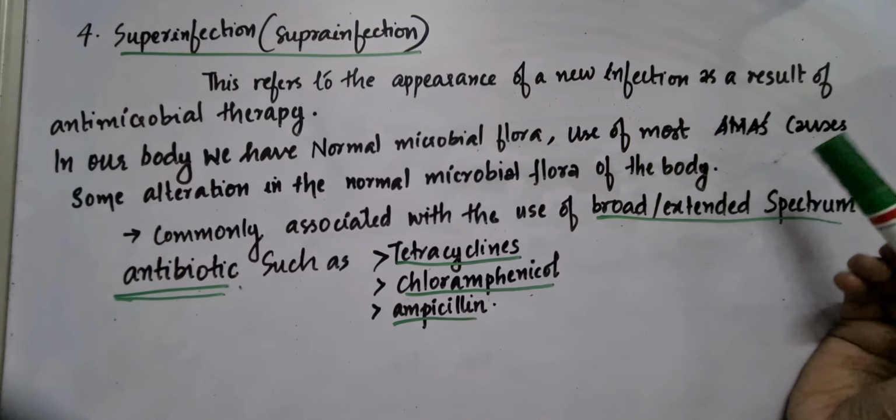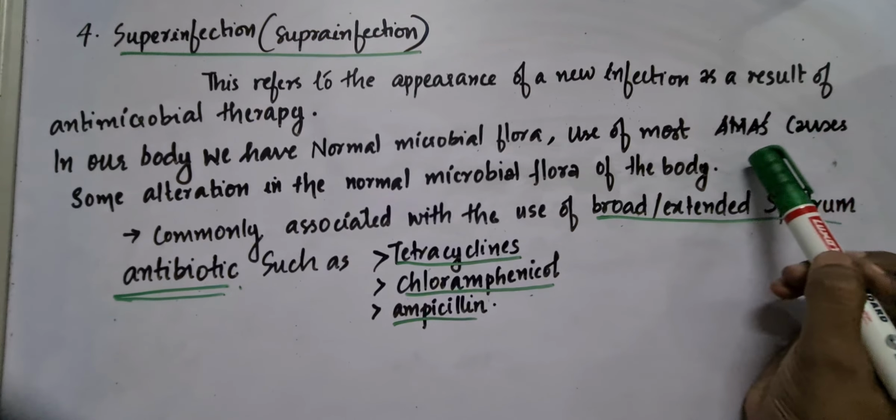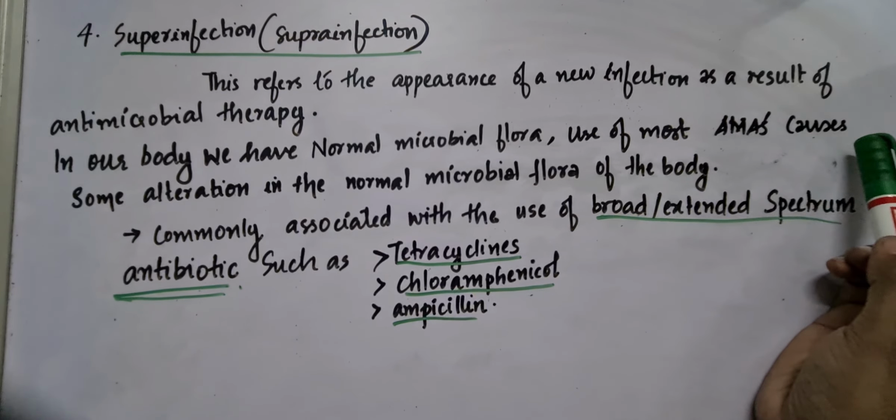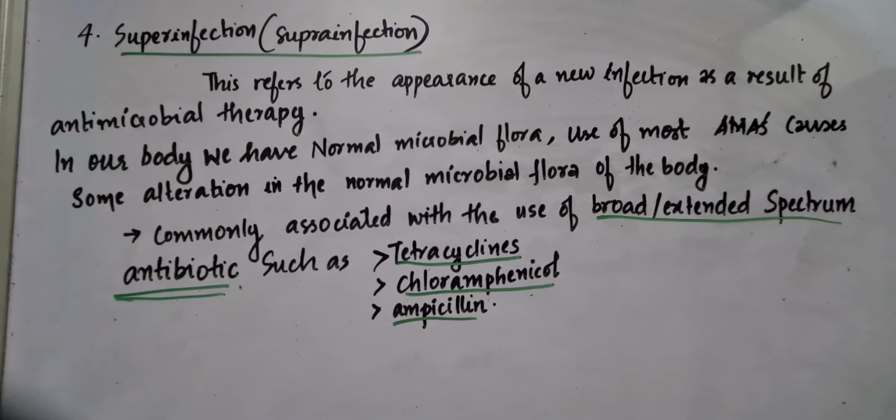So that's how our body is protected by the normal microbial flora. But the use of most antimicrobial agents may cause alterations in the normal microbial flora of the body, thereby causing superinfection or suprainfection.